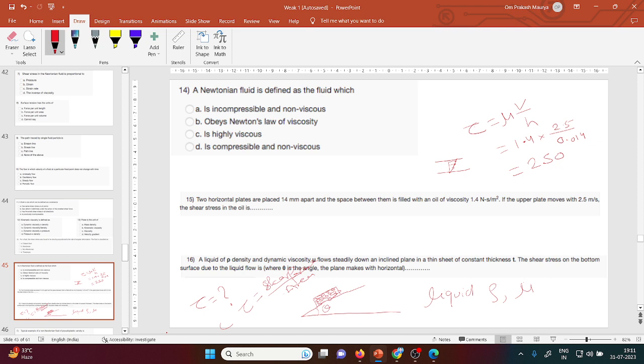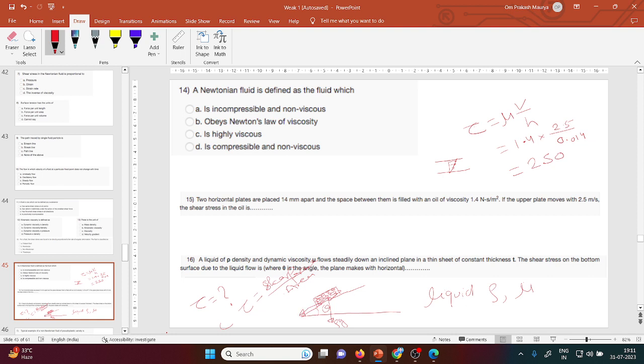So here the weight of the liquid is mg, that is rho g h.